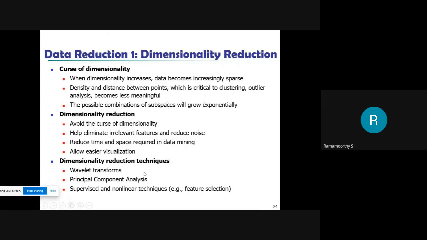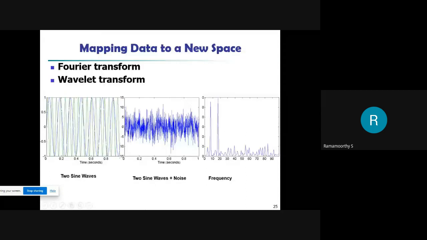And what are the exact techniques under dimensionality reduction? Wavelet transform, principal component analysis, supervised and non-linear techniques, for example feature selection. So the first one, wavelet transform, right?